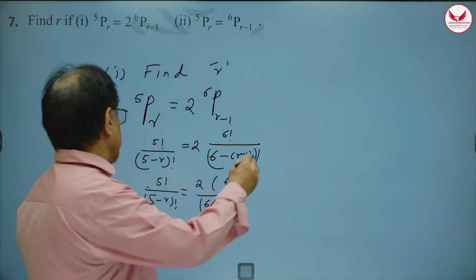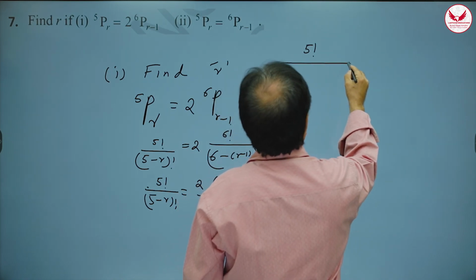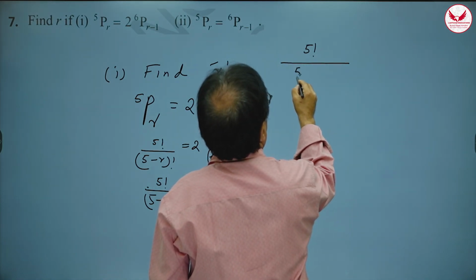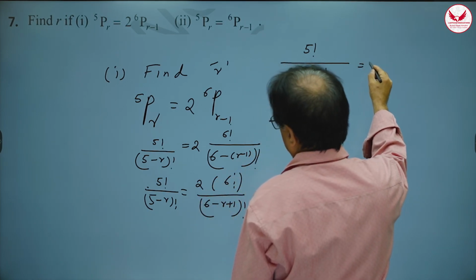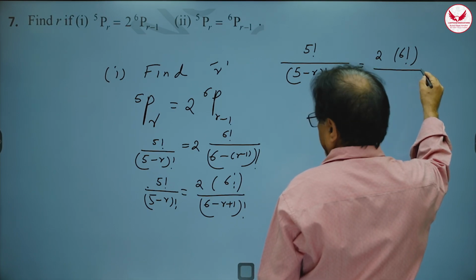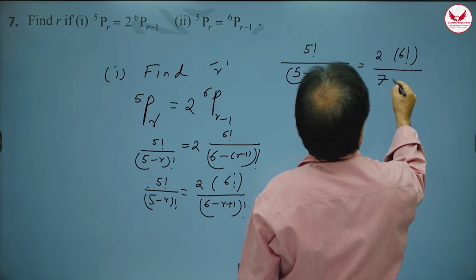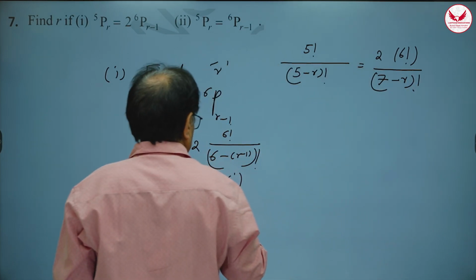Okay, which means 5 factorial divided by (5-r) factorial, correct? This is equal to 2 multiplied by 6 factorial divided by (7-r) factorial, because 6 plus 1 is 7.